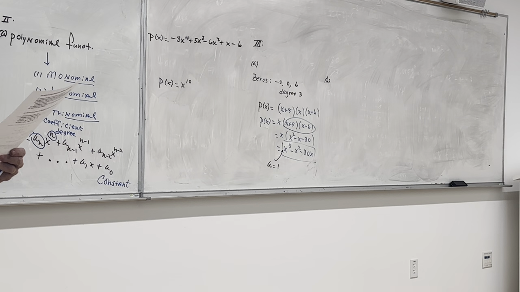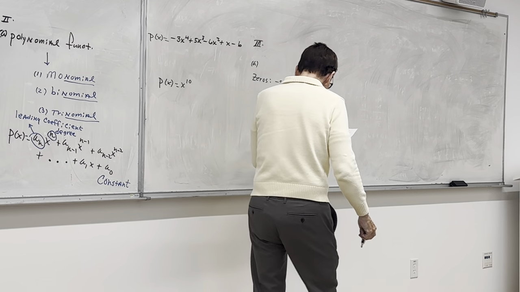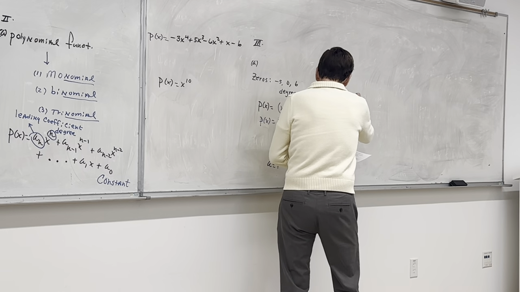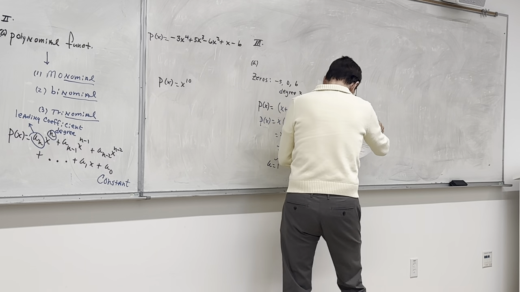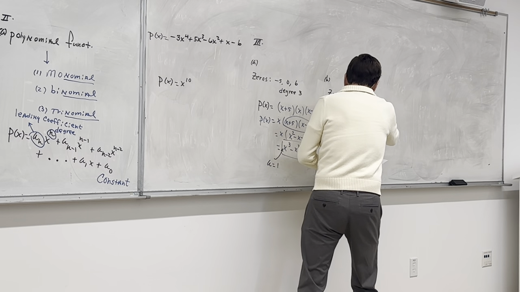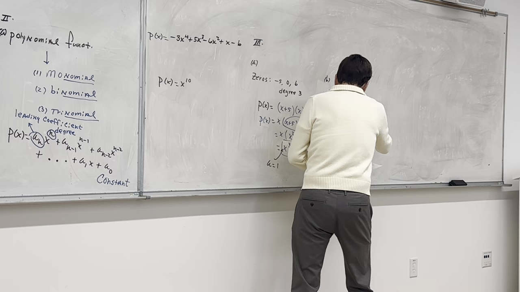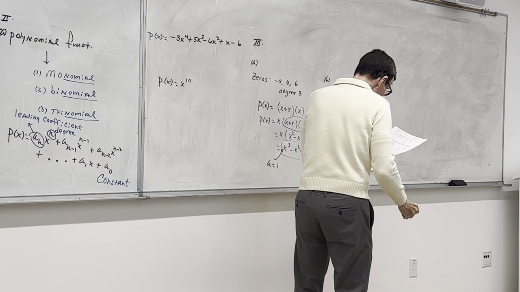Oh my goodness, the next one's a beauty. The zeros are these: -2, 0, 1, 3. They want a degree 4. Oh, they add something to this.